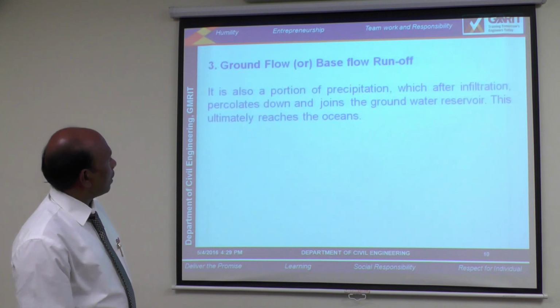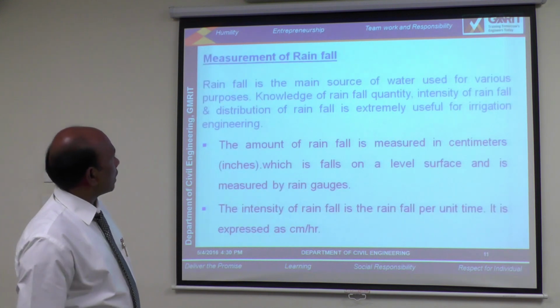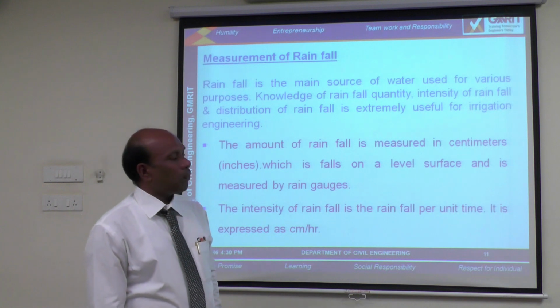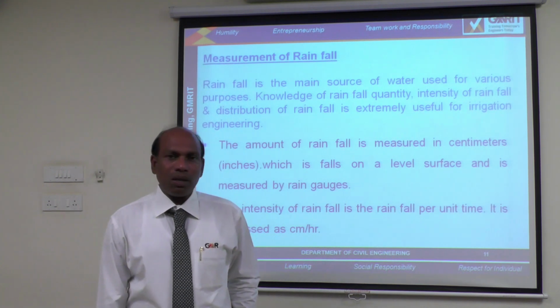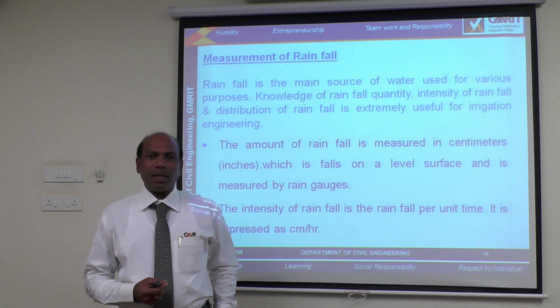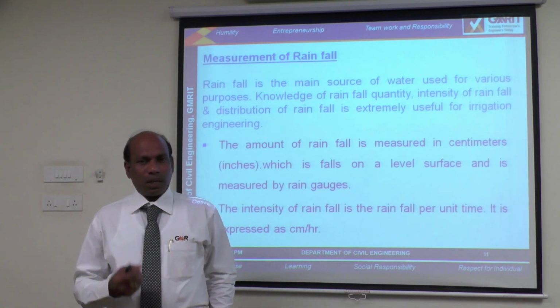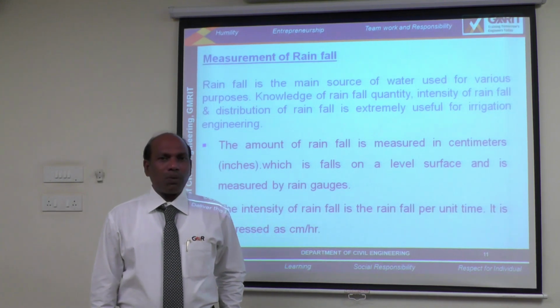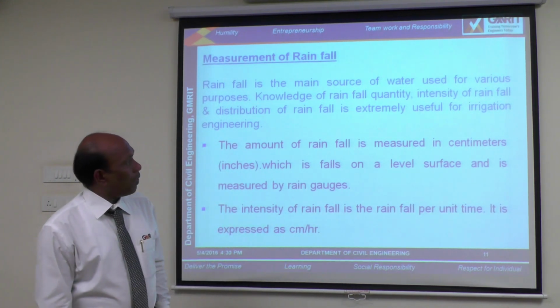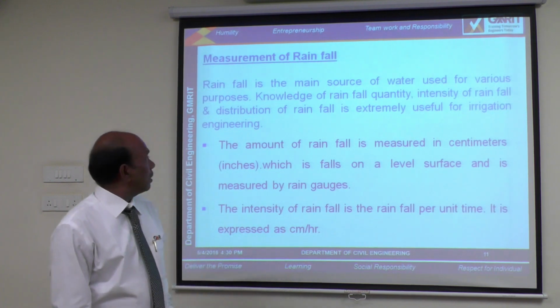And the next topic is measurement of rainfall. Before learning measurement of rainfall, we should know the necessity of measurement of rainfall. Here, rainfall is the major source of water used for various purposes.